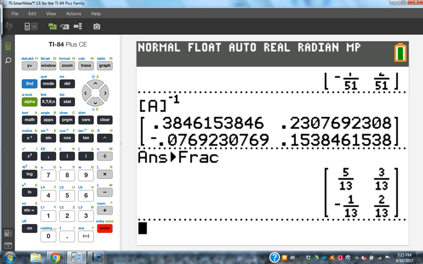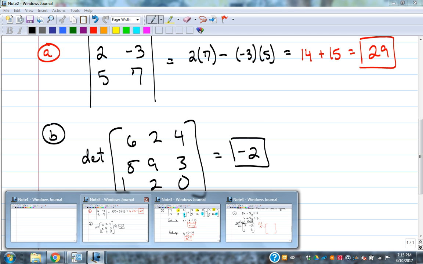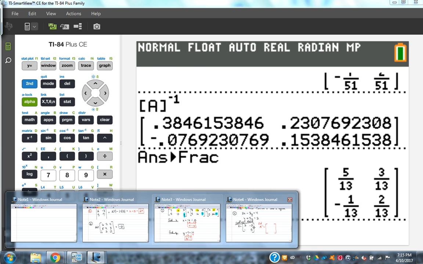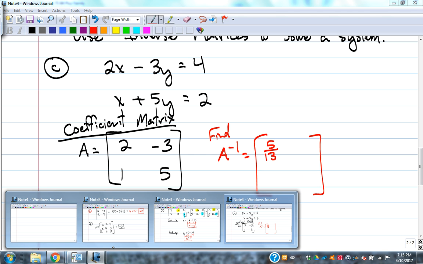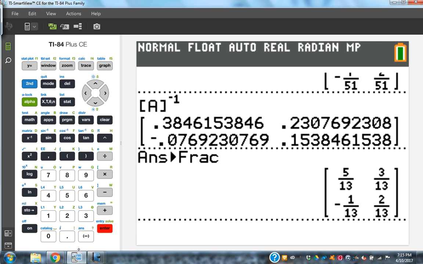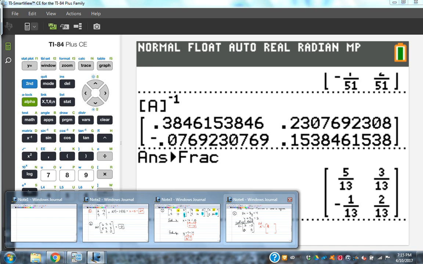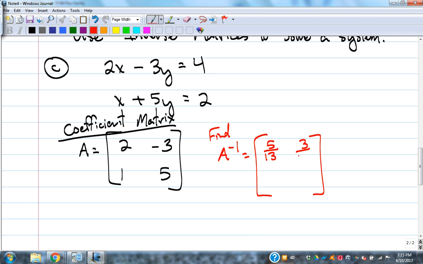And I get that matrix. 5 over 13, 3 over 13, and then negative 1 over 13, 2 over 13. So maybe I can remember that. All right. So that's the inverse.